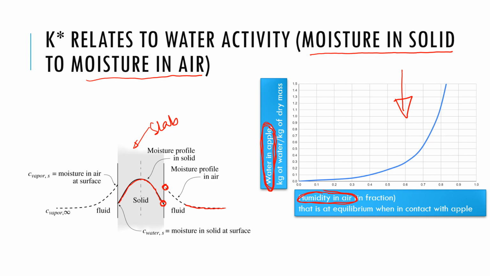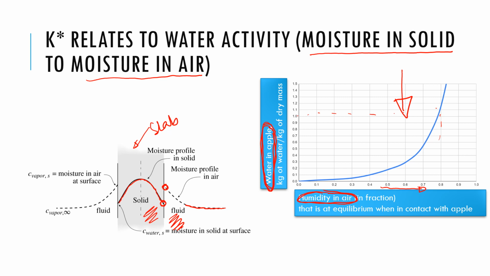So the higher the moisture in air, the more is the moisture in the solid, as many of you already know. So we have to make use of this relation here because in the same problem we're combining solid phase and fluid phase together.